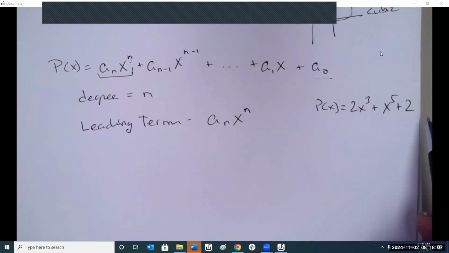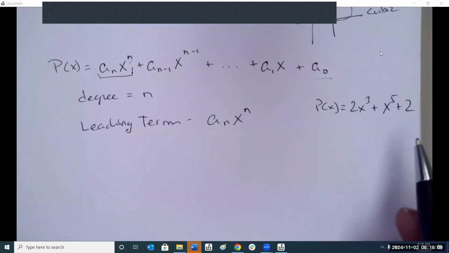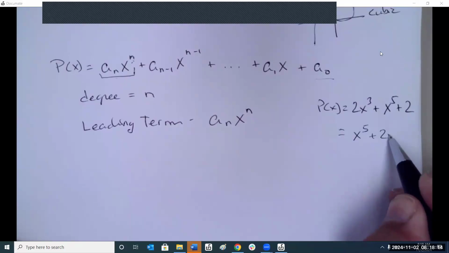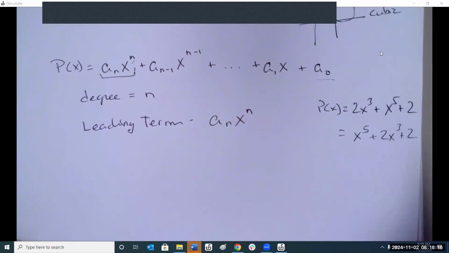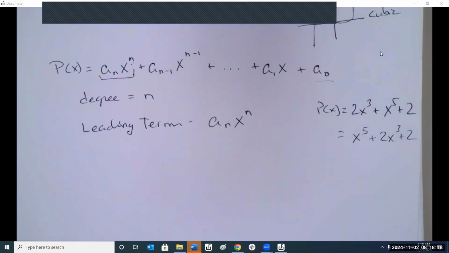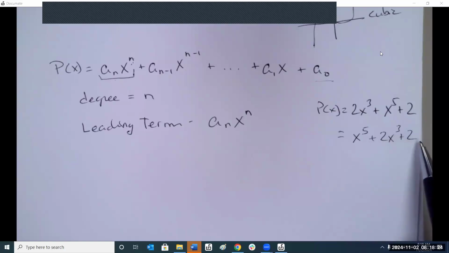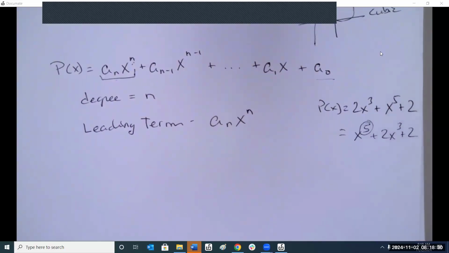It may be mixed up like this. So the first thing you have to do is make sure that you put it in terms that are decreasing exponents. This is not wrong, it's just not conventional. This is conventional. You always put the highest exponent first going down. So yeah, we know that it's degree 5.